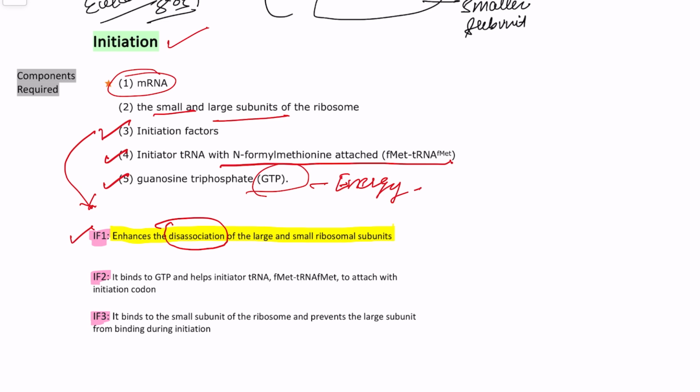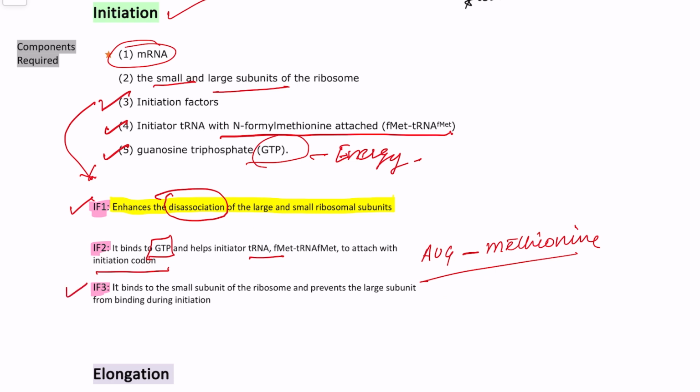Then comes initiation factor 2. It binds to GTP, right? And it helps the initiator tRNA with formyl methionine to attach to the initiation codon, which is AUG in this case, right? And it codes for the methionine. Clear? This I have told you earlier in this lecture.